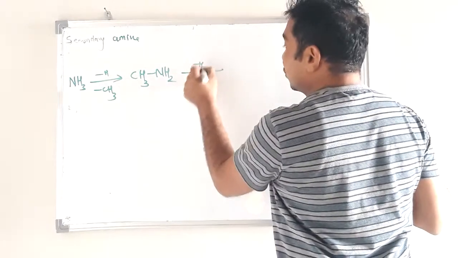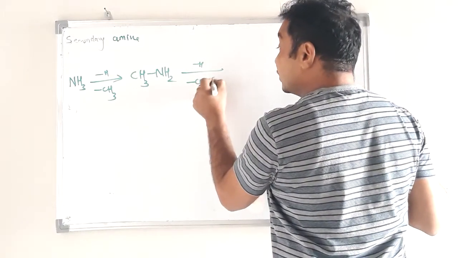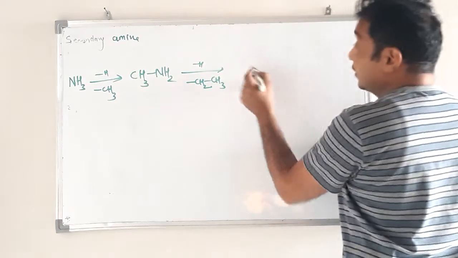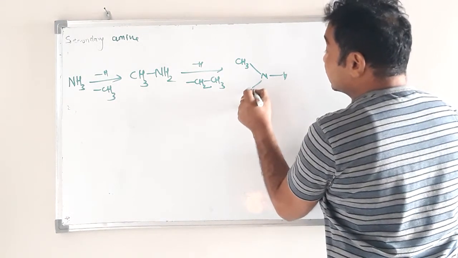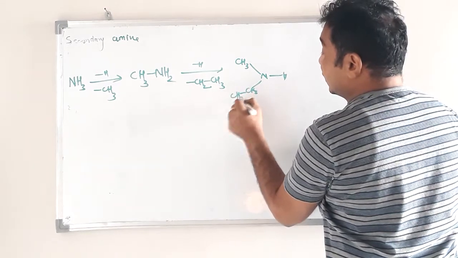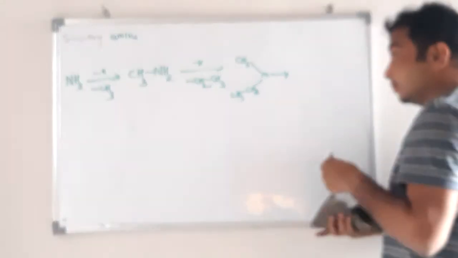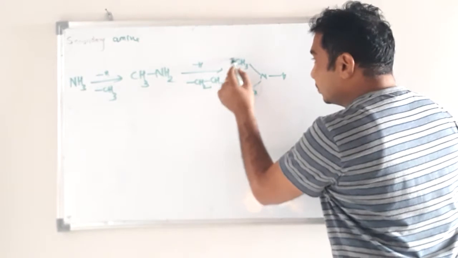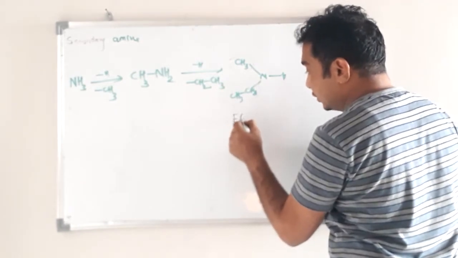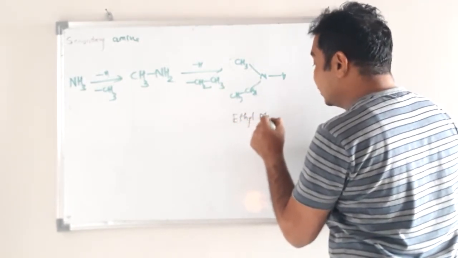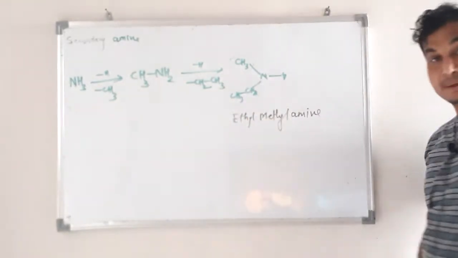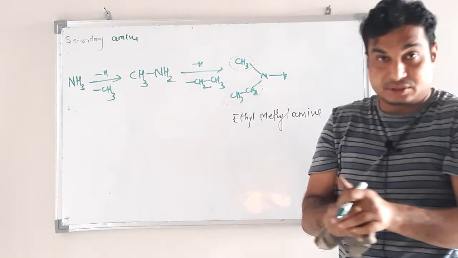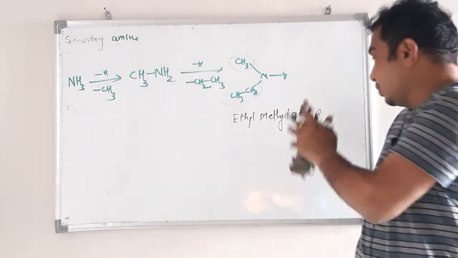Again replace one more hydrogen by an ethyl group, then CH3NHCH2CH3. What will be the name? Ethyl group, methyl group, E comes first. So ethylmethylamine is the common name. We have to name the alkyl groups first, in alphabetical order, followed by the word amine.